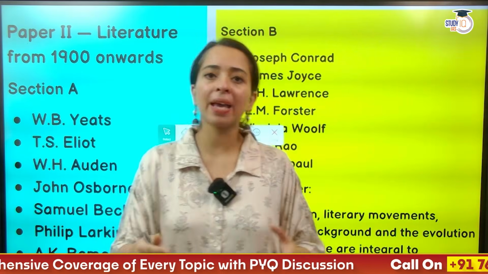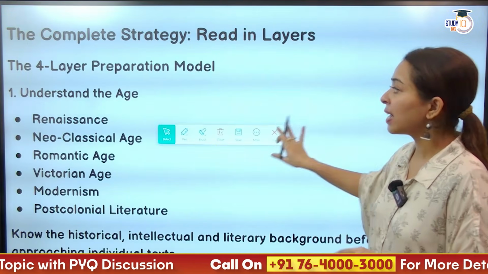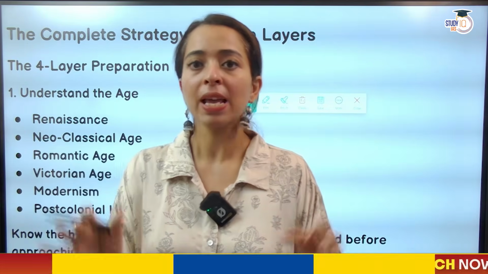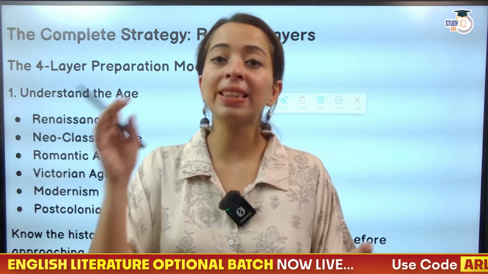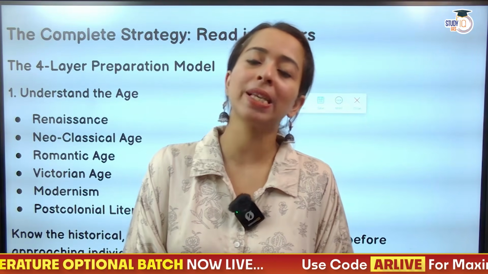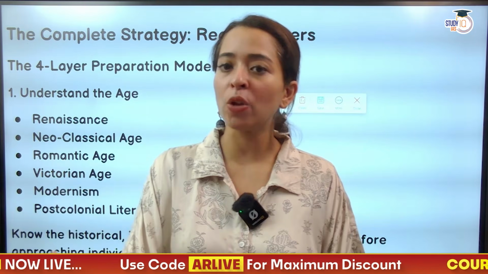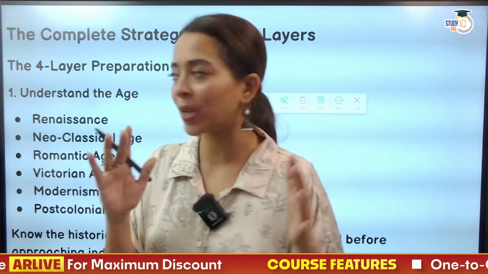How you will prepare this, I will be talking about in your course. So remember one thing, your course is not humongous. Remember, it's not massive. Your course is limited, and that is the biggest boon of the UPSC English Literature subject, because it's not that anything will come from anywhere. This is your section, and this is the only place from where your questions will come.